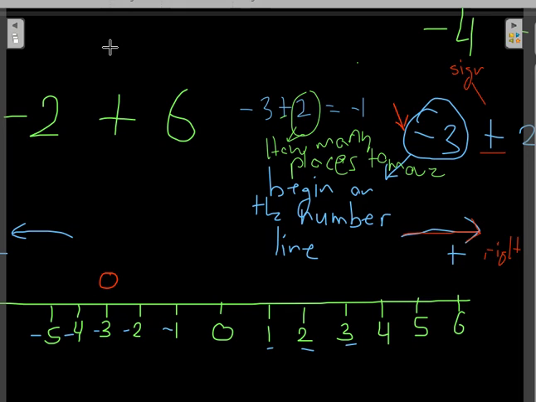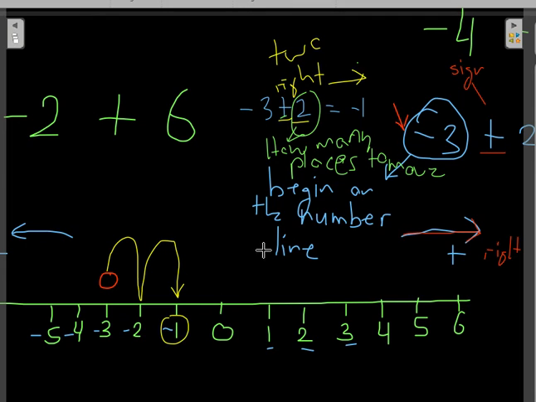And I'm going to put that in yellow. So we have to move 2 spaces where? To the right. So 2 places to the right. Let's go. 1 space, 2 spaces. And that is our answer, negative 1, right?